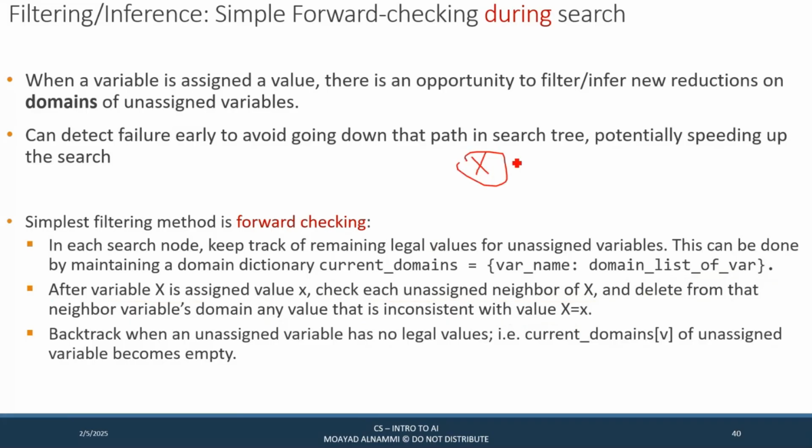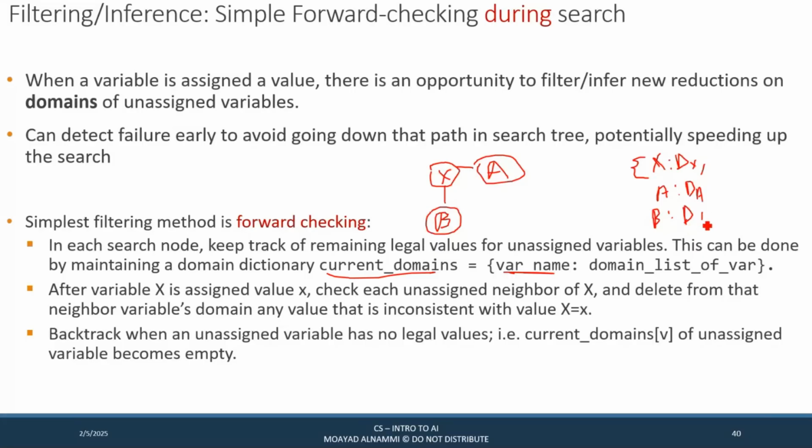So if you have a variable X and neighbors of X, let's say A and B, they're both unassigned neighbors. Imagine you have this dictionary in your current setup. Let me write this again, A and B. You have the dictionary that contains this variable X, this is the domain of X here, it's a list, this is the variable A, this is the domain of A, this is the variable B, and this is the domain of B. Let's say you selected X and you want to assign X some value, let's say small x.